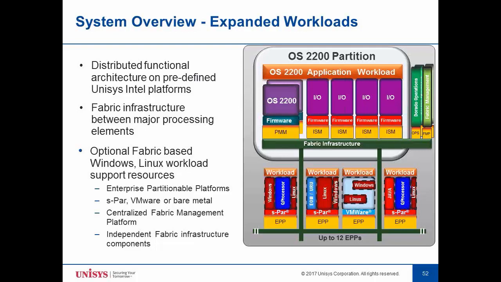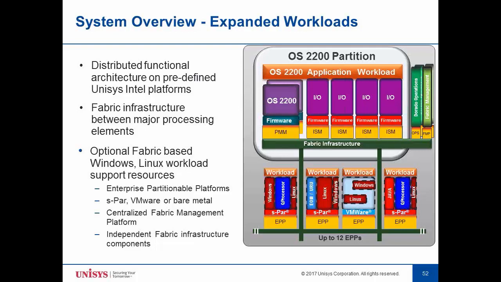We call them partitionable, although they are available not only with the Unisys partitioning capability, our own fabric-based SPAR partitioning, but are also available with VMware or as a bare metal type of environment without any partitioning software, in case you have a single Windows environment that you need to support a large database, for example.